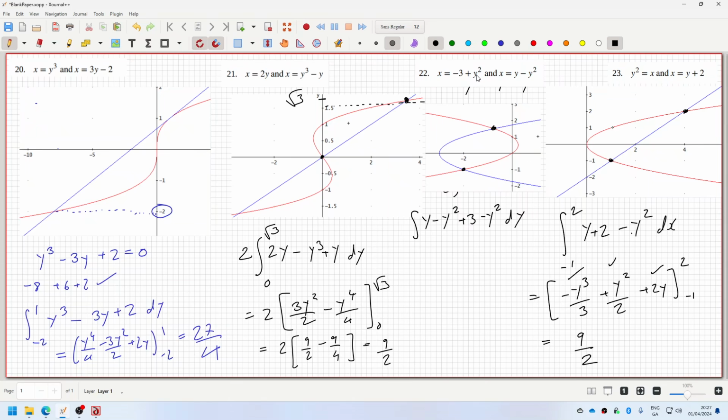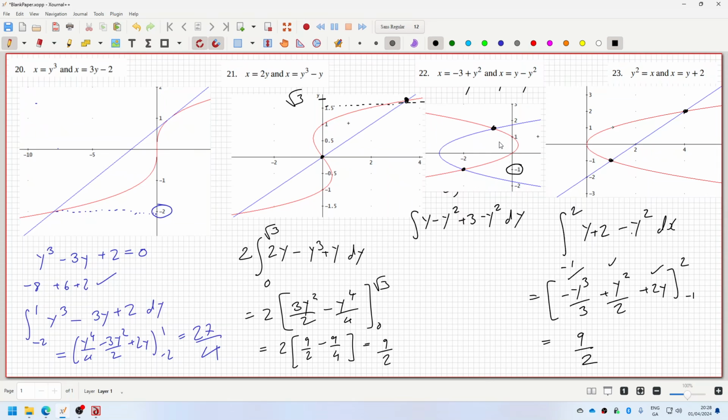Y is 1, minus 1, so that would be minus 2. Is it minus 1? Minus 1 squared is 1, minus 3 is minus 2, minus 1 is minus 2. So I do think that one's minus 1, but that one doesn't look like it's 1 or 2.